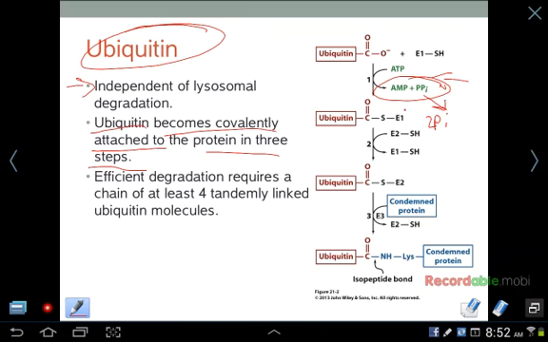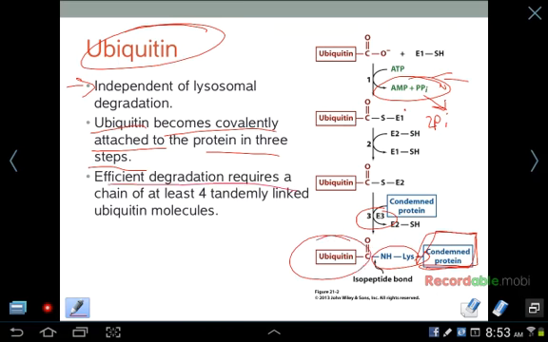Alright, so we're sort of stepwise activating ubiquitin to make it more reactive. Then E3 takes ubiquitin and transfers it to a lysine on the condemned protein, or the protein that needs to be degraded. Okay.